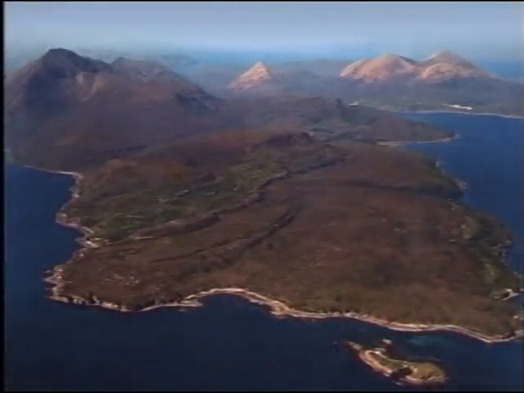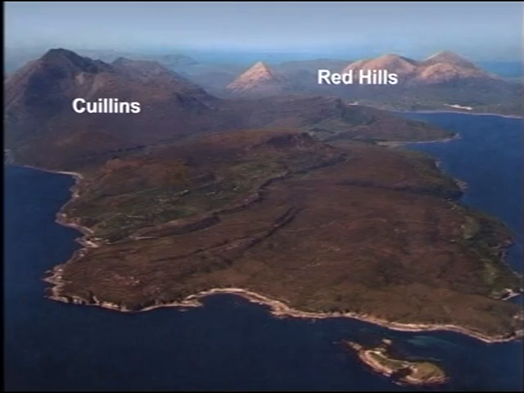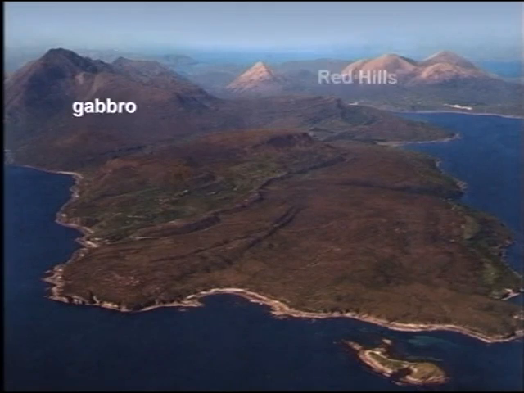On the Strathaird Peninsula, which stretches southwards from the Cuillins and Red Hills, several of Skye's main rock types are exposed. Its geology, like most of Skye, is dominated by volcanic activity that occurred in the early Tertiary, producing the gabbros of the Cuillins and the granites of the Red Hills.